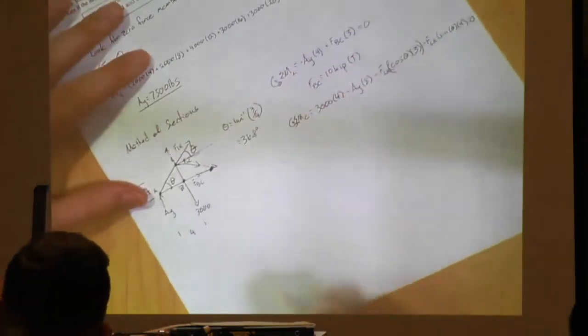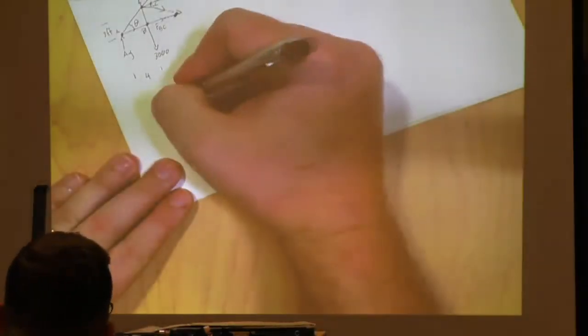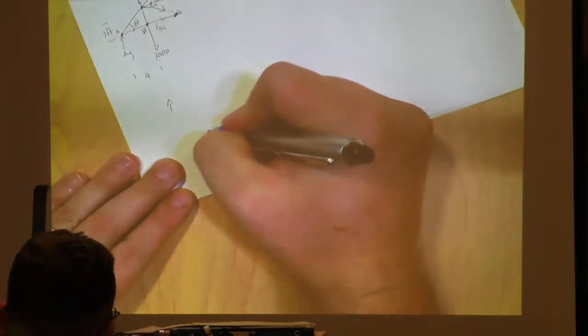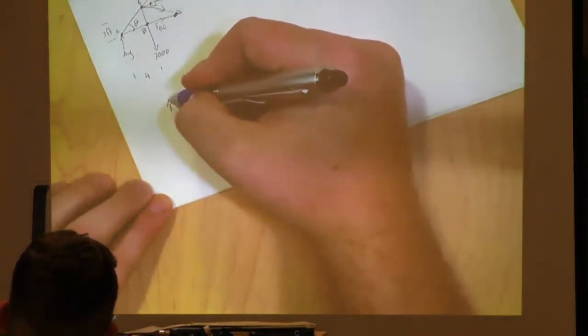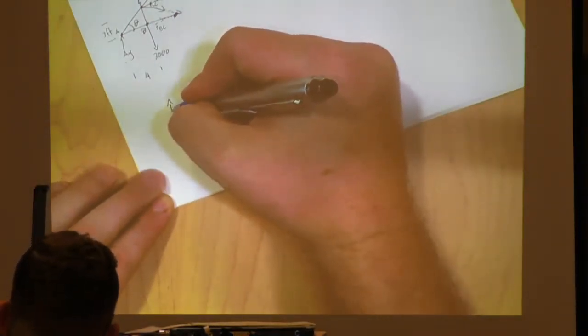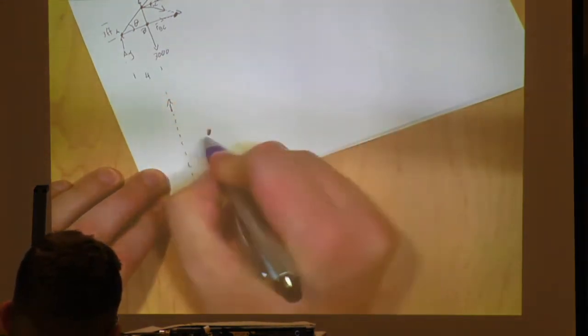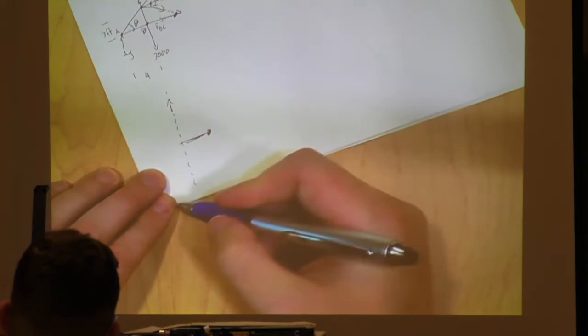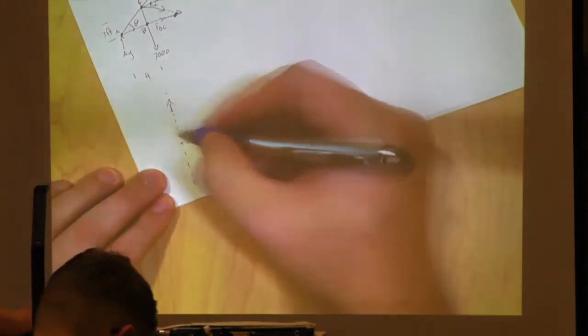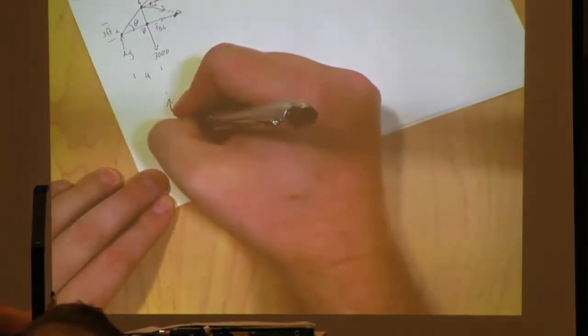So a concept would be, it doesn't matter where this force is, if it's along this line of action, that's the perpendicular distance for the moment. I can have the force here, I can have the force here, I can have the force here.